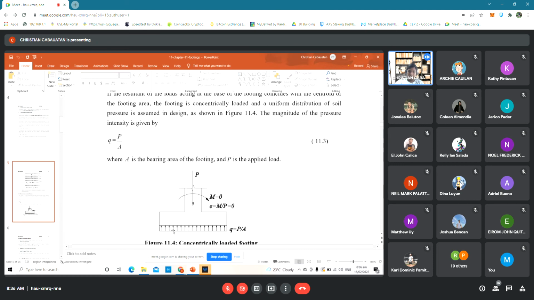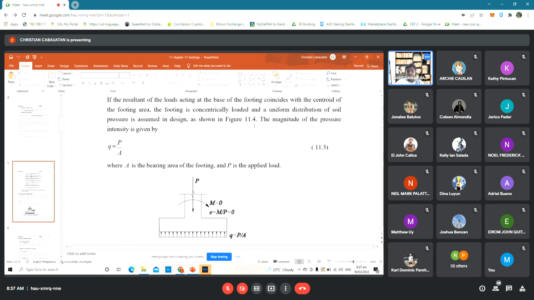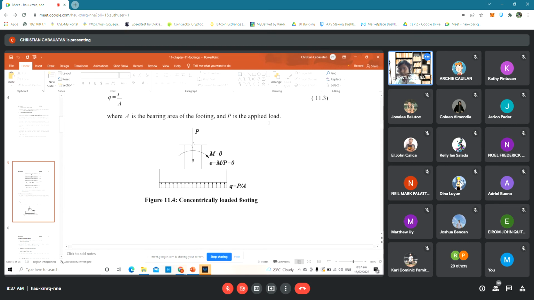There is the moment, and the eccentricity, which can be derived as the moment over the applied load. Then it is resisted by the bearing capacity below, which is the pressure over the area of your footing. Naintindihan ba? So the magnitude of the pressure, Q, is equal to the load over the area. Okay.